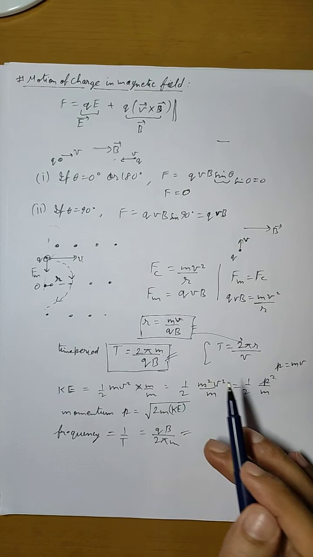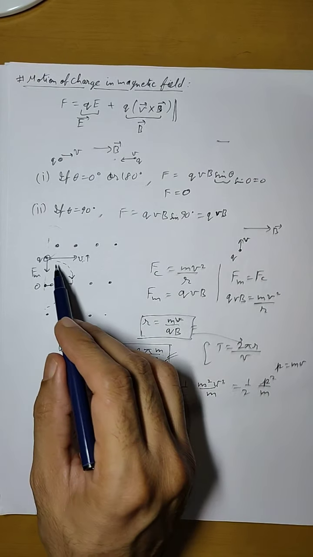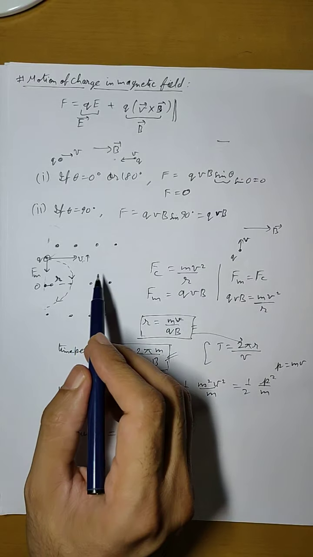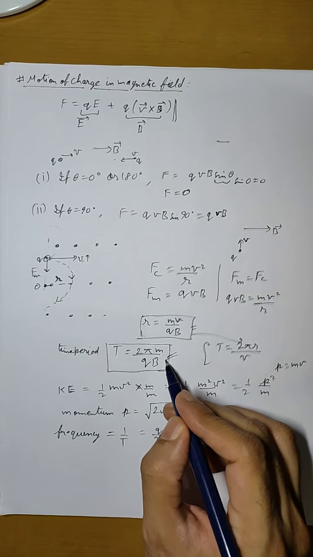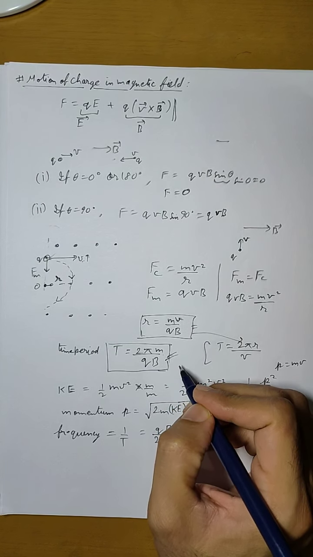If we increase the velocity of the particle, if v is increased, then only the radius of the circle will get affected. It will make a bigger circle and radius will increase, and if v is decreased, the circle will be smaller, but there will be no change in the time period or frequency. So it is an important conclusion that we draw from here.